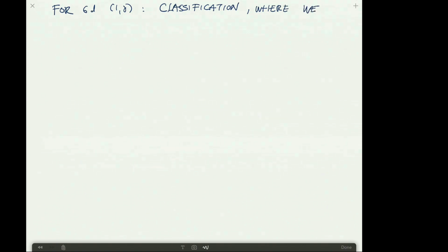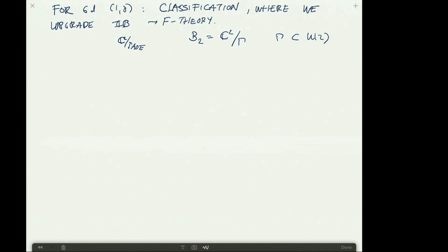For (1,0), there's now a classification where we upgrade type 2b to F theory, and the C2 mod gamma ADE are replaced by some complex two-dimensional spaces B2, which are also, in fact, C2 mod some gamma, where now gamma is a subgroup of U2. Right? So here recall gamma ADE was a subgroup of SU2.